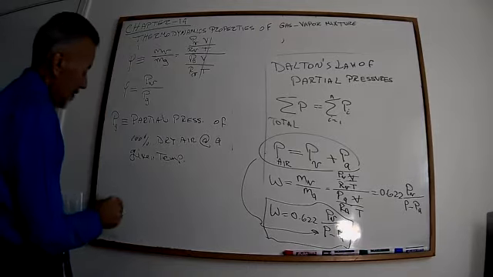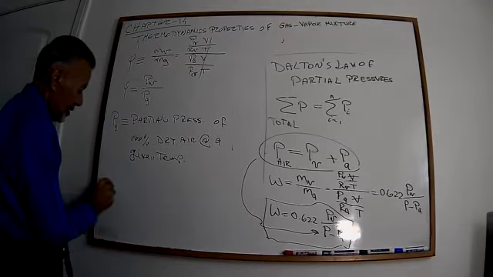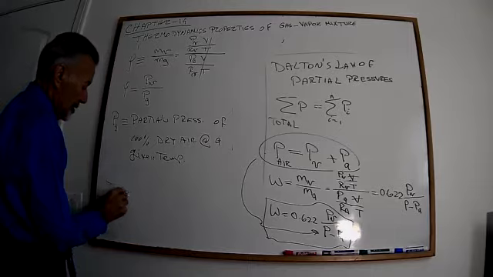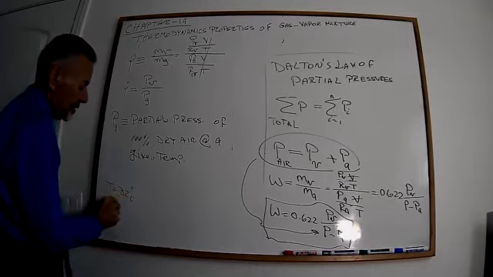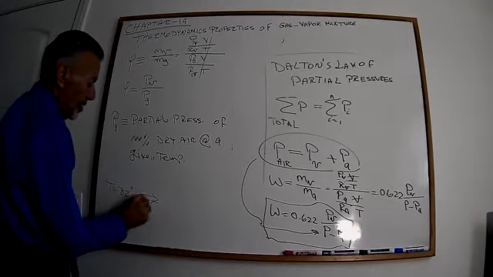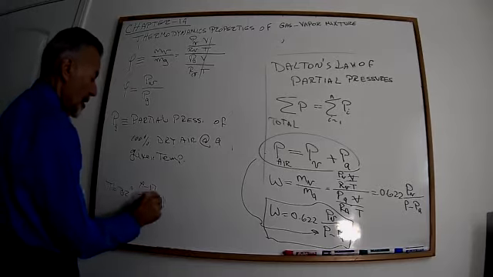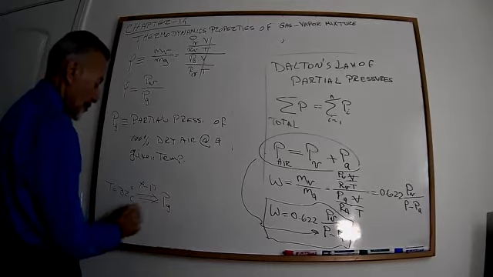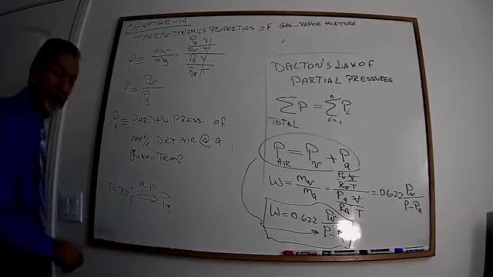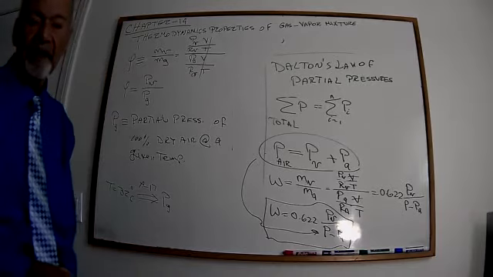For instance, if I say the temperature is 32 degrees Celsius, you go to the air table, A17, and you find the value of P of G from that table. That's what it is.